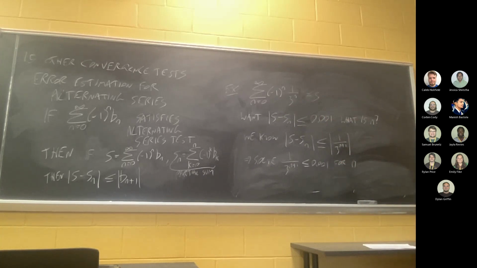And that will tell us how many terms we need to include in a partial sum to get that close to the true sum. So this is how you apply the alternating series estimation. Questions on how we got to this point? So all you're doing is you're looking at the next term.